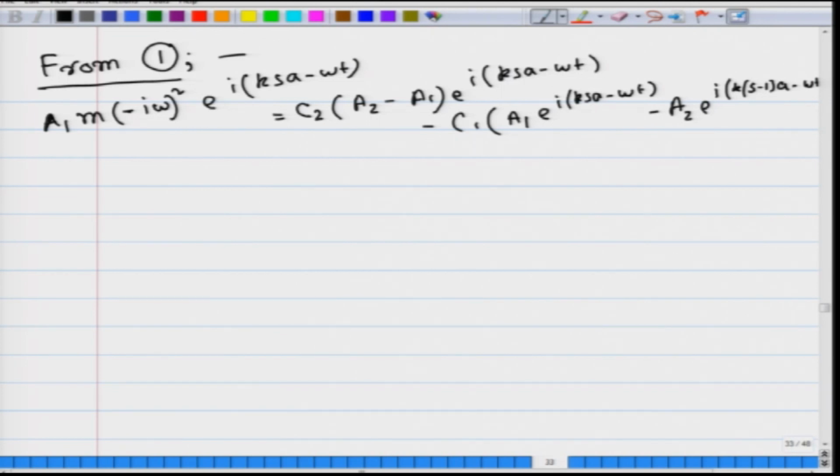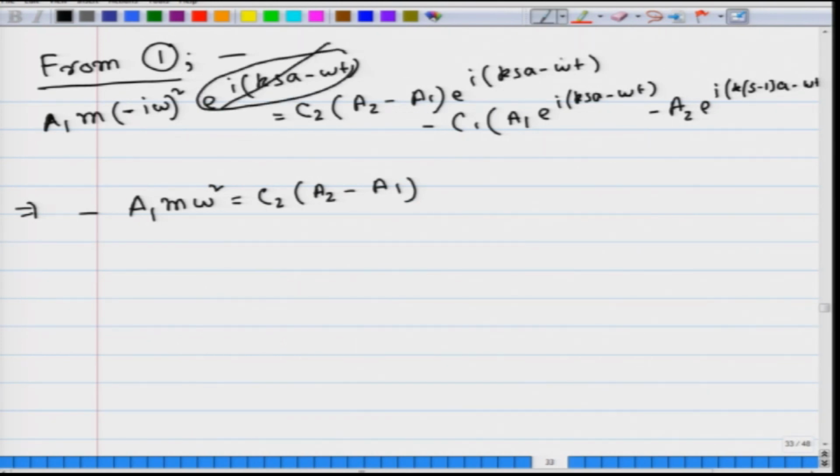So, here we just make it much simpler. C2 (A2 minus A1), we just cut this part from both sides. Here only the Ksa term will go out and the minus k term will remain. So, this will be C1 (A1 minus A2 e to the power minus i k a). The k is there due to that s minus 1 part.